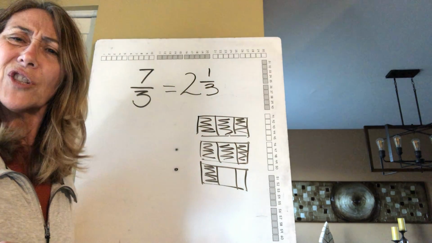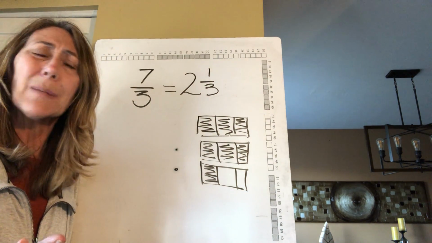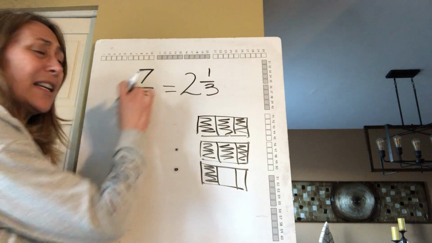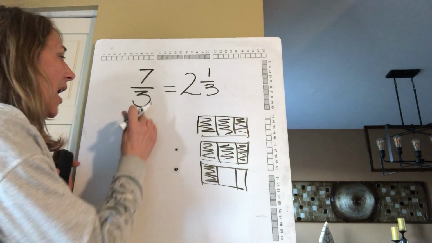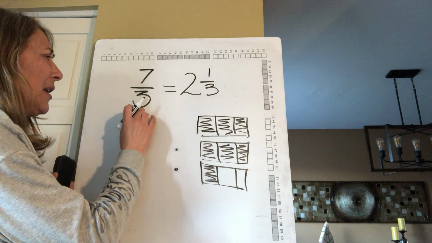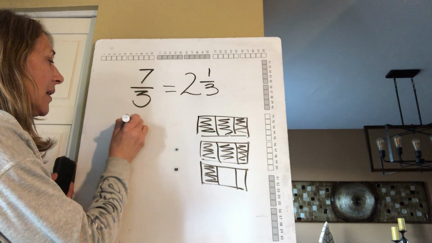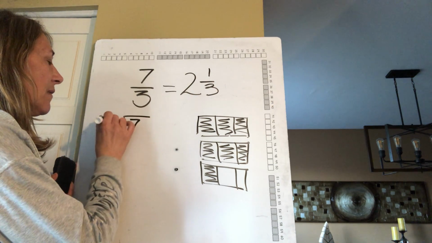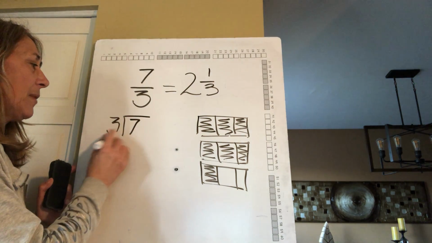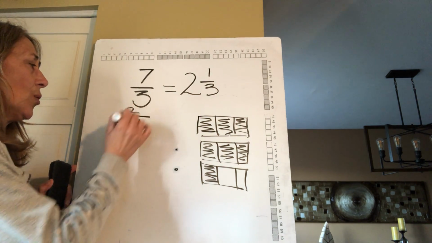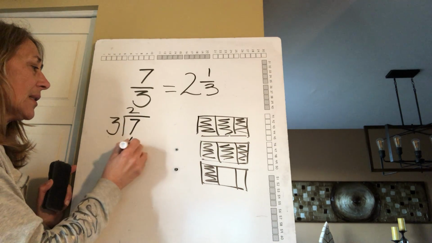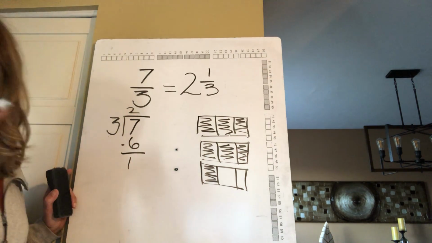I could draw fraction bars, or since I know math is patterns, and I know this line tells me to divide, I can take how many 3's are in 7? 7 divided by 3. How many 3's are in 7? 2. 2 times 3 are 6. Subtract.